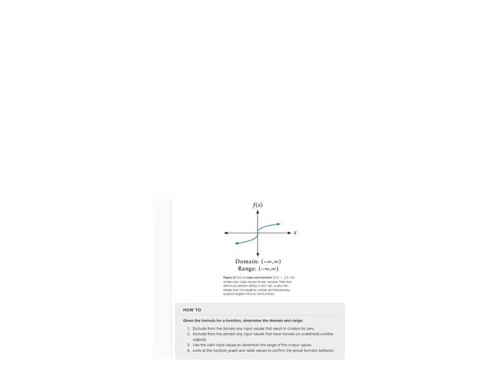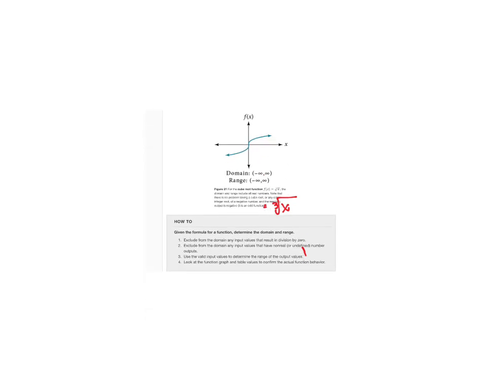What is this called? The cubed root. Does the cubed root function have any restrictions? Look at that domain and range. This is y equals the cubed root of x. Are you noticing any restrictions? It doesn't stop at 0.